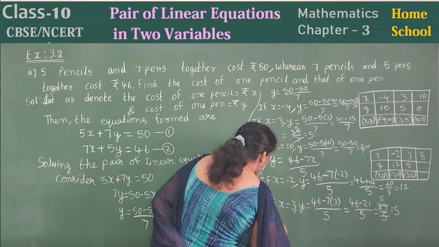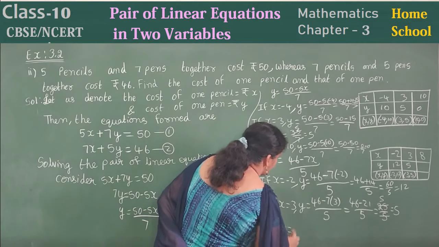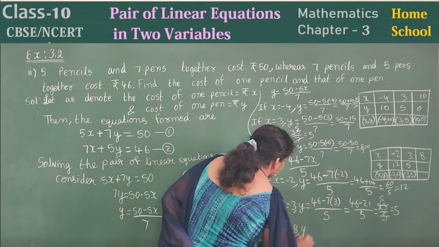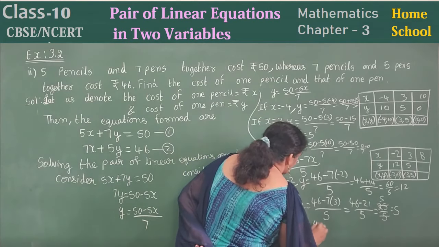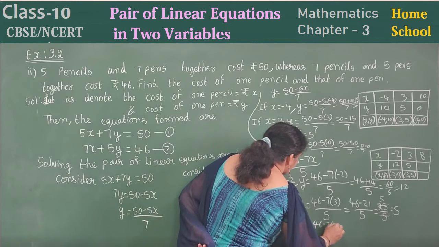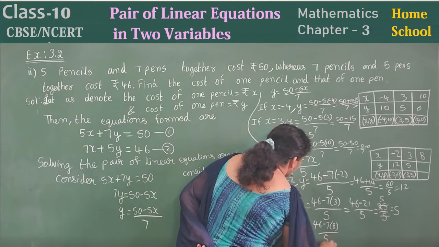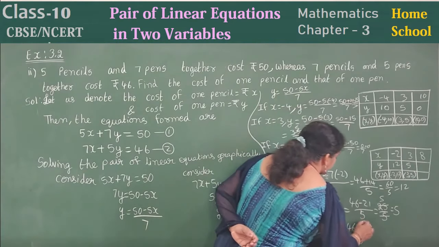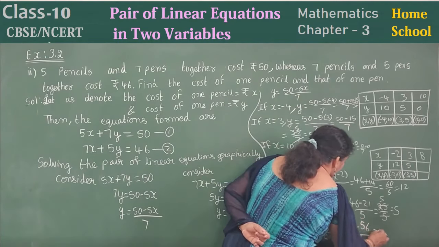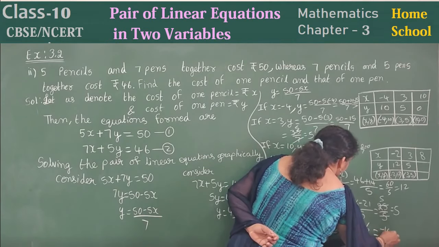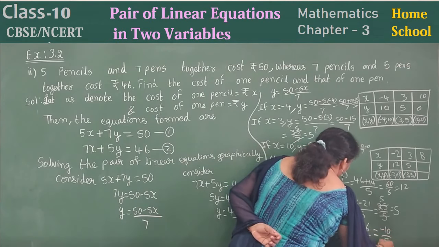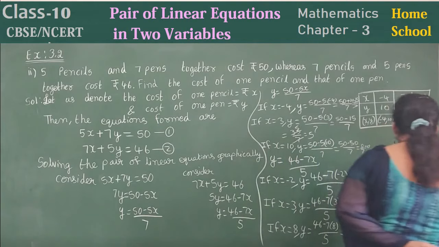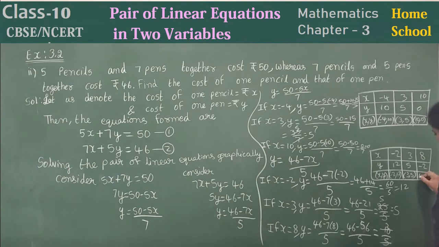Next, last one. If x is equal to 8, y is equal to (46 minus 7 into 8) by 5. So 7 8s are how much? 56. 46 minus 56 will be minus 10 by 5. That will be minus 2. Your coordinate will be (8, minus 2).